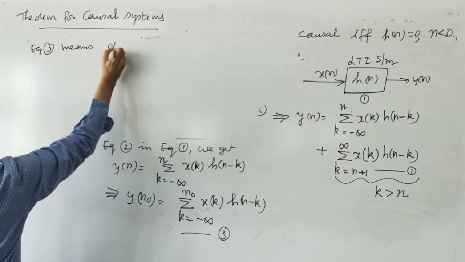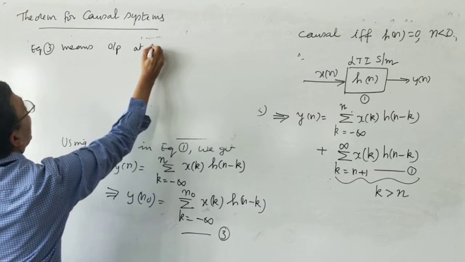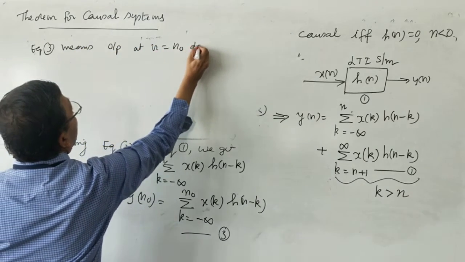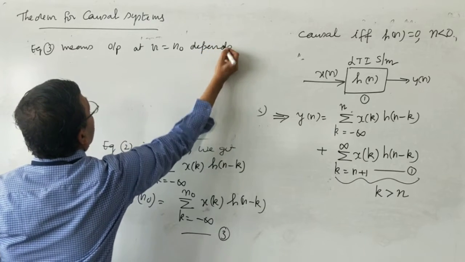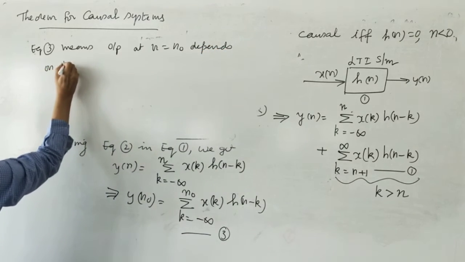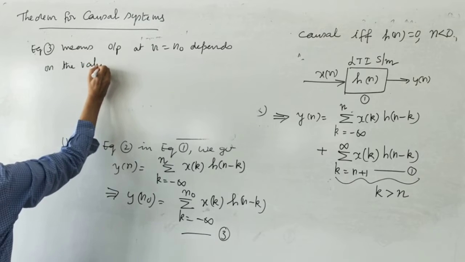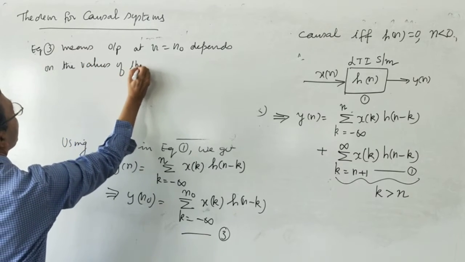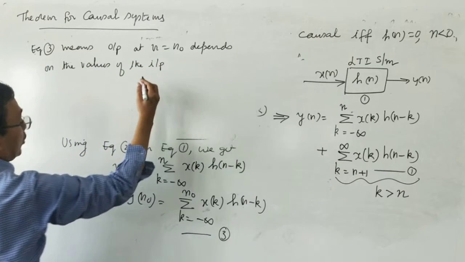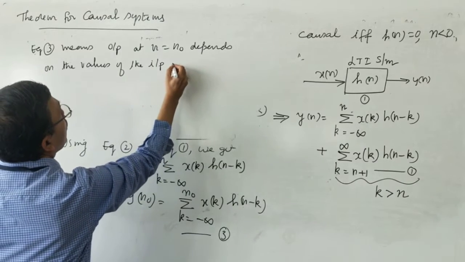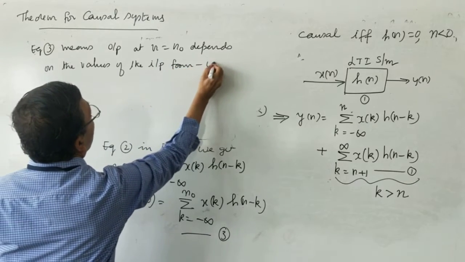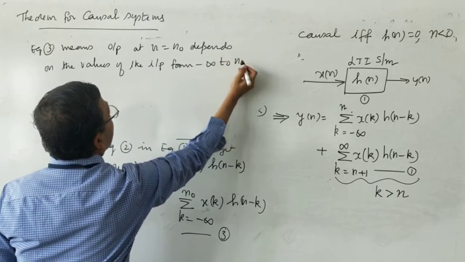Equation 3 means output at n equal to n naught depends on the values of the input from minus infinity to n naught.